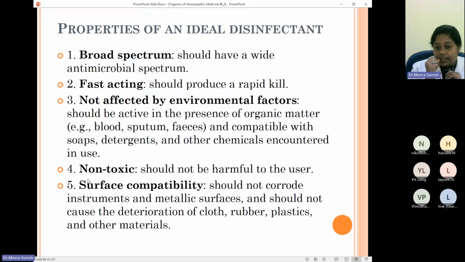Then it should be non-toxic, meaning it should not be harmful to the user. That's also another criterion. Especially there are sprays that are available. Over here in India we get them, because we have a lot of mosquitoes. There is a company called HIT, and it's like a spray.